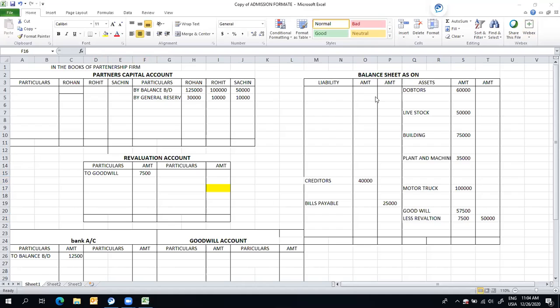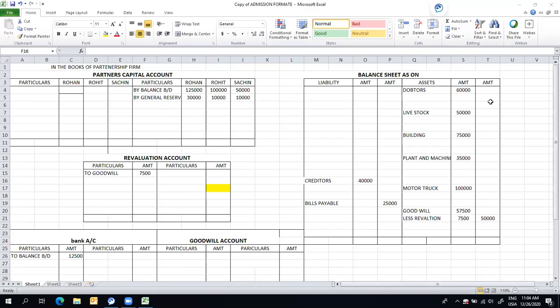Debtor 50,000. See, earlier it was 60,000. Now after retirement of Sachin, it is revalued at 50,000. So what happened? It must have depreciated. Debtor depreciate होता है? No. It must have applied RDD. तुमने RDD applied किया होगा.